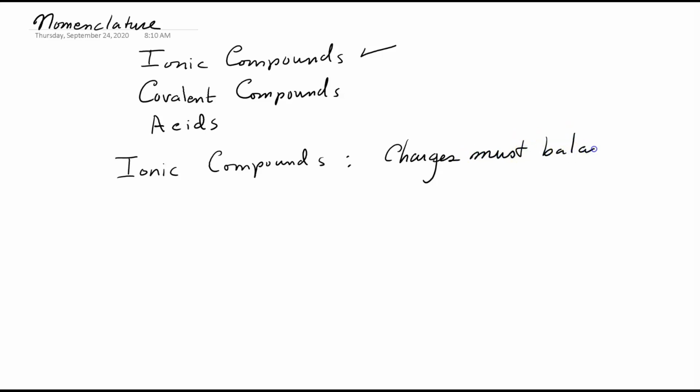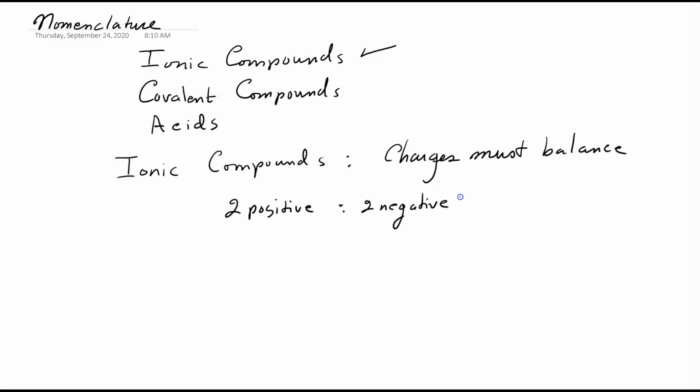So if we have two positive charges, for example, they have to balance with a requirement of two negative charges. And as you can see, this presents itself as a neutral compound.